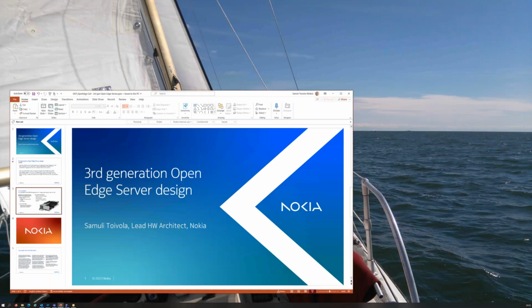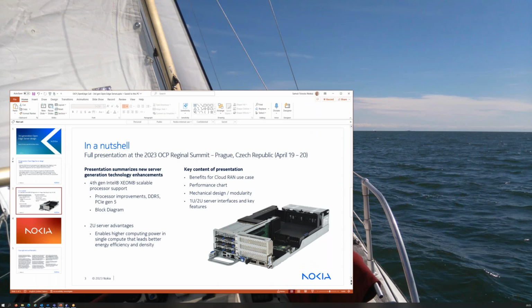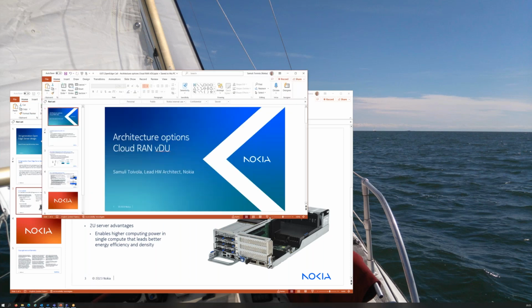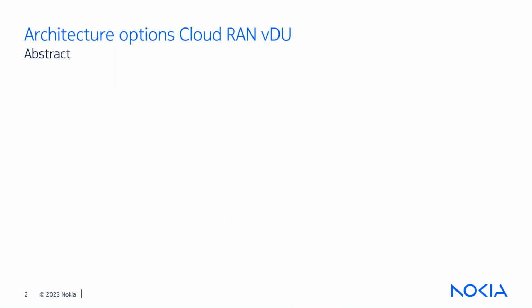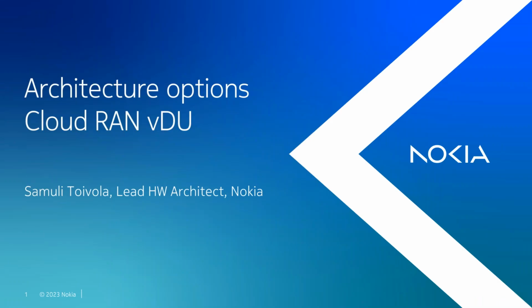But maybe I jump to the second one. So this one is 10. Okay, going through those architectural options for Cloud Run vDU. And this is again only a short summary of topics that will then be covered in the presentation at the summit.